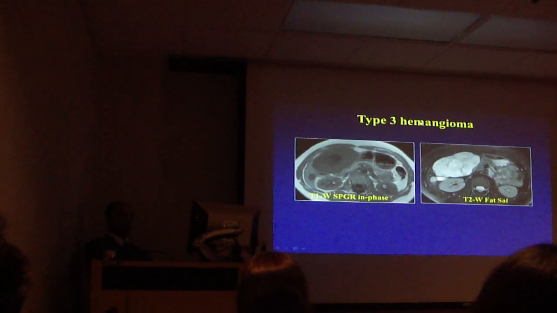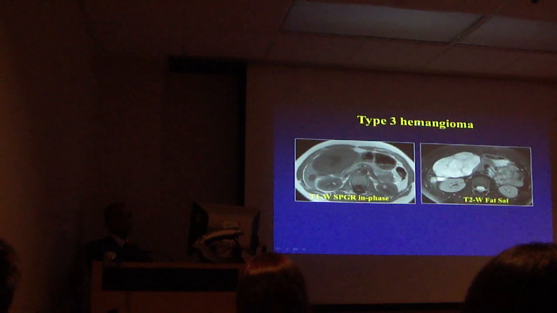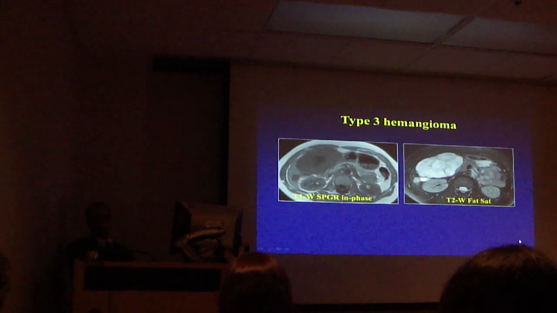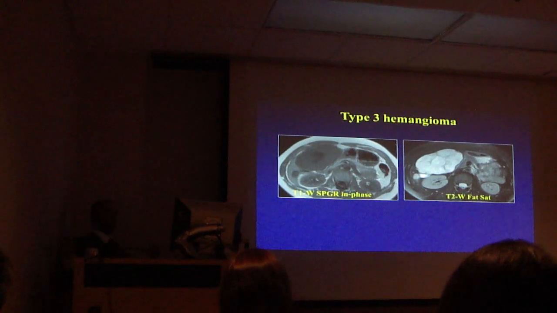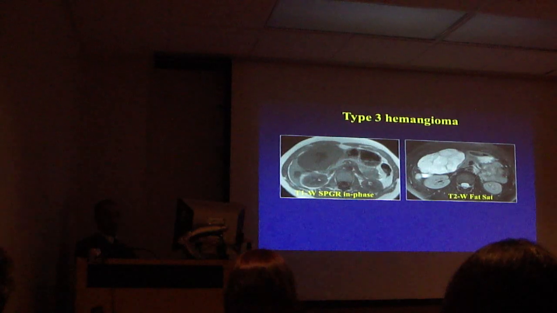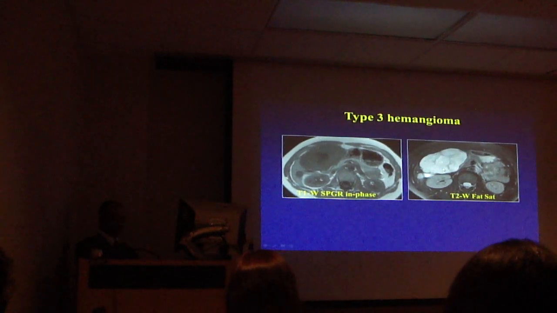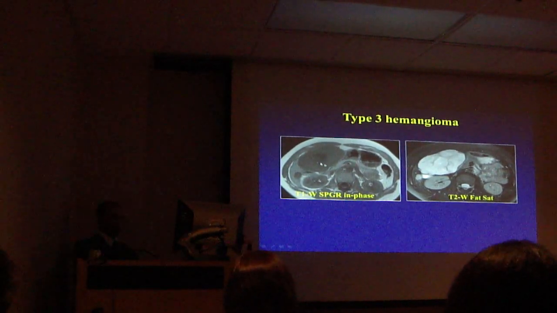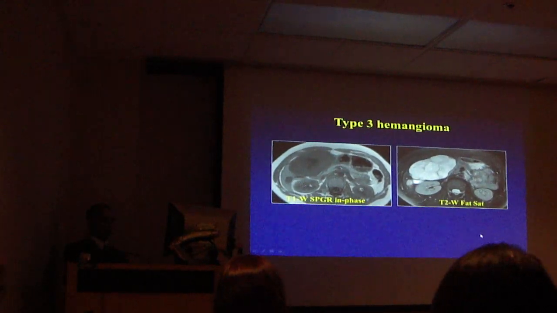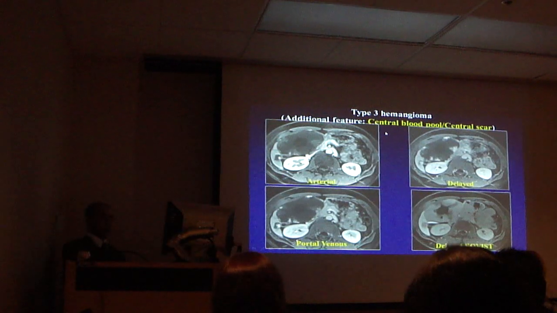Let's talk about type 3 hemangioma. As I said, can you draw this lesion out? Can anybody spot any other lesion? Exactly, yes. There's a lesion there and there's a lesion there. And on T1 weighted images, you can again see the two lesions. What is happening to the larger lesion?